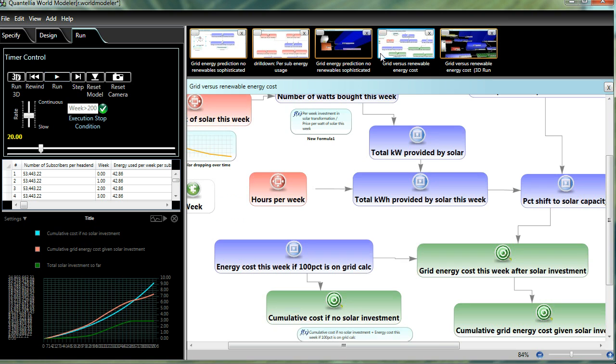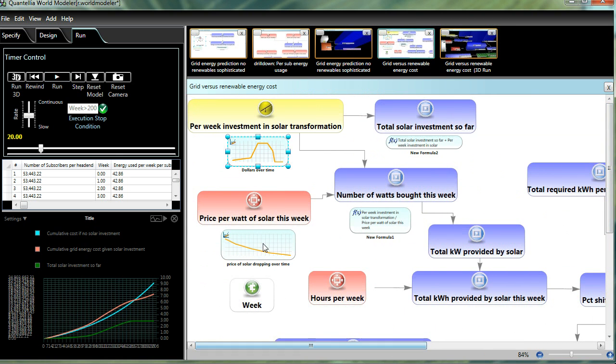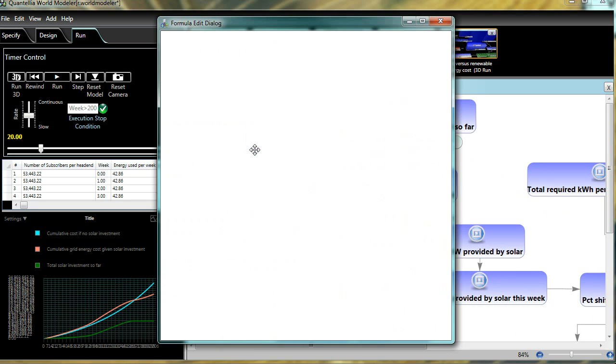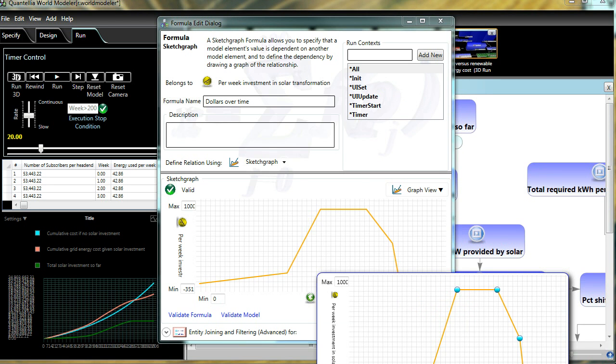So the last thing I'll do in this model, just because I think it's interesting, is to change this per week investment pattern and to say, how does that behavior shift if instead of having this back-ended investment like I have here, I do another shape.